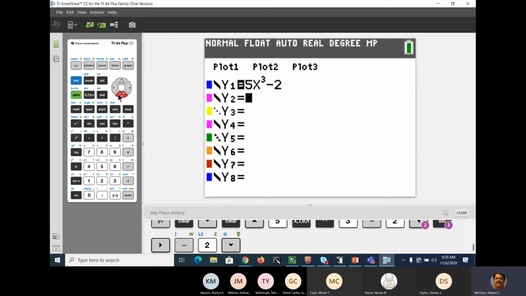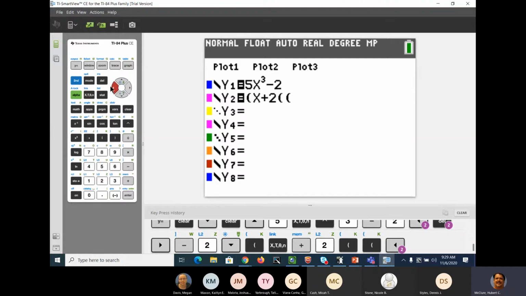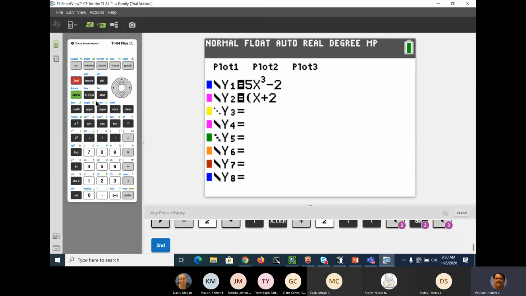And then the next one is the cube root. So I'm just going to raise everything to the 1/3 power. So parentheses, x plus 2. Well, I might have to put it in double parentheses. It's just something I'm doing because your calculator might have a fit if you don't put it in.